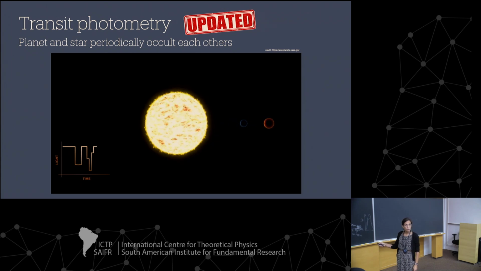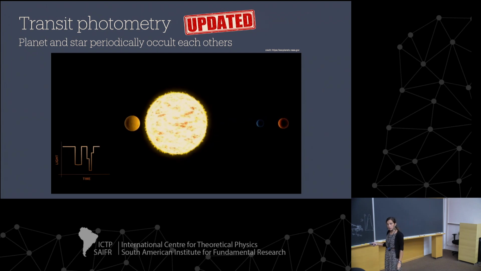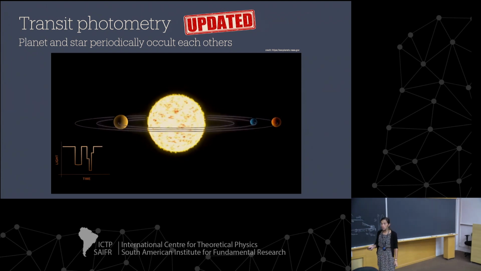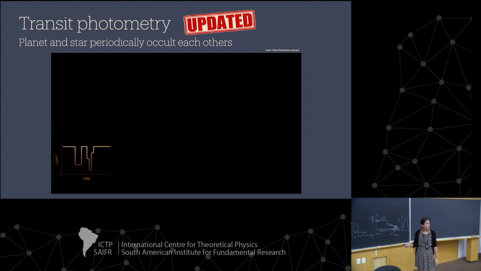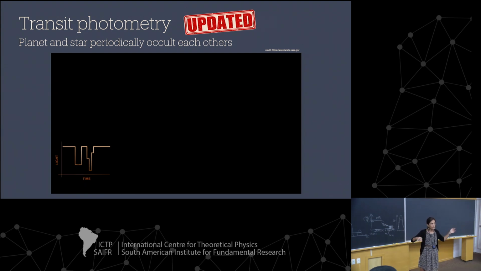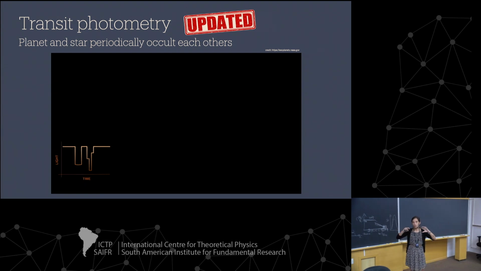So what you do to understand that you're detecting a multiplanetary system or other bodies, you need to combine your signal. So you need to model your light curve, and what you do, you have your data that is noisy, and then you model your light curve, you fit the data, and then you observe the residuals.